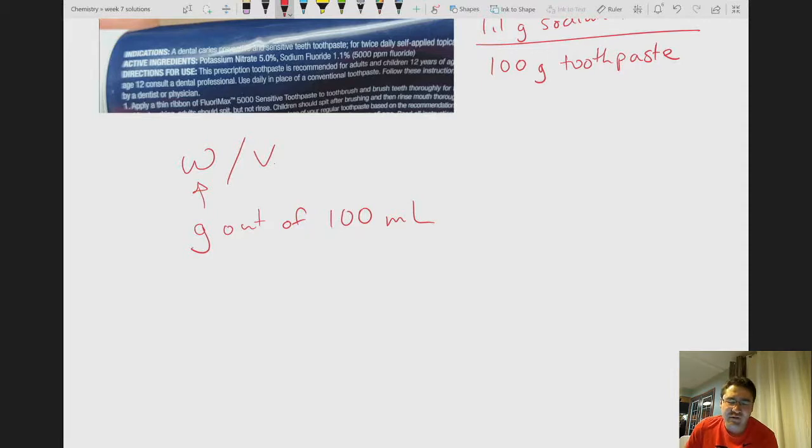So it's another way to express concentration, but this time instead of out of 100 grams, it's out of 100 milliliters of solution. This is a common way chemicals are mixed, especially if you have a dry chemical being mixed into a solution. They'll do the weight of the dry chemical out of 100 milliliters of solution.